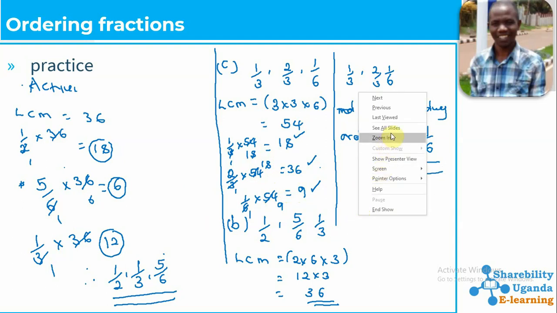To recap, first find the LCM. When you find the LCM, it helps you multiply by the LCM, and then you can come up with the answer very quickly.